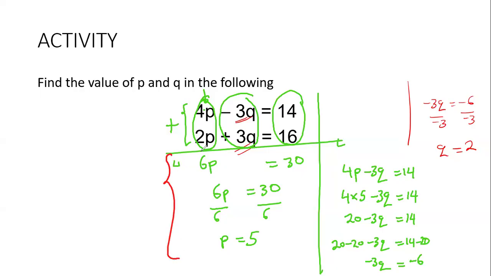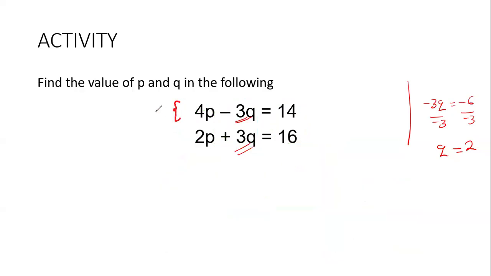For this one? Yes, for this formula. I multiplied the upper one by 2, then the down one by 4. Multiply for me, what did you get? 8P in the first one, 6Q, then 28. Then down here, 8P, 12Q, then 64.